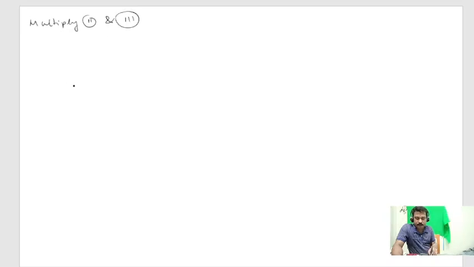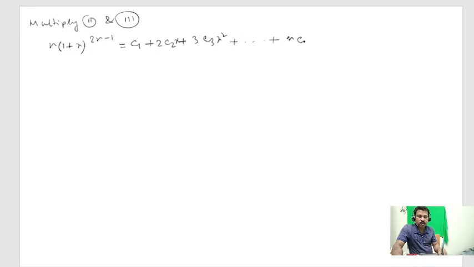Then we get n into 1 plus x whole to the power 2n minus 1 equals C1 plus 2C2x plus 3C3 x squared and so on to n Cn x to the power n minus 1.